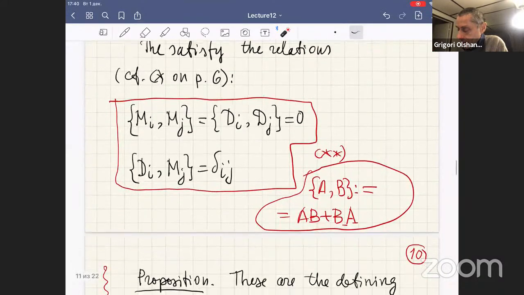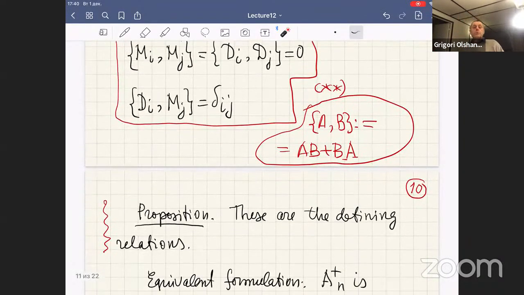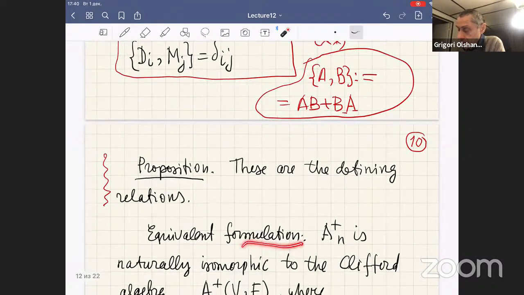But the structure of the algebra is very different. So we have again the proposition of the same kind as before. So these are the defining relations. The equivalent formulation is as follows.